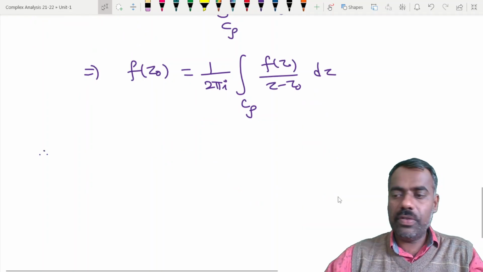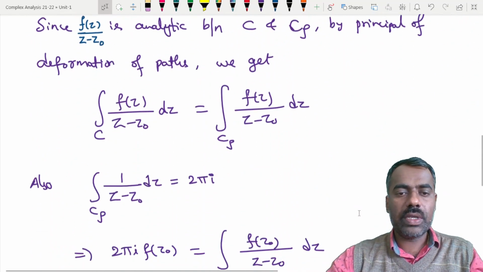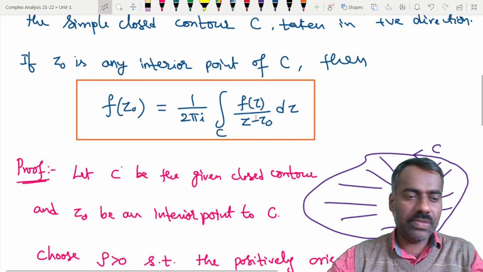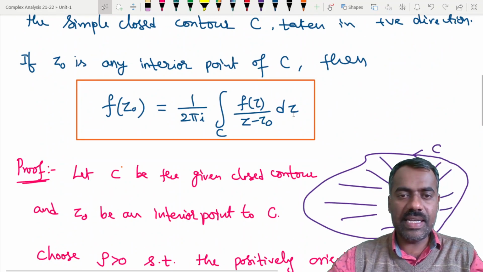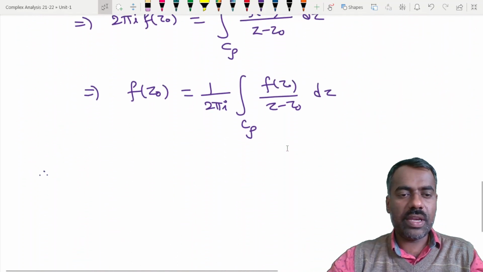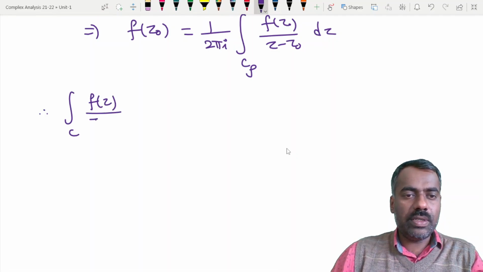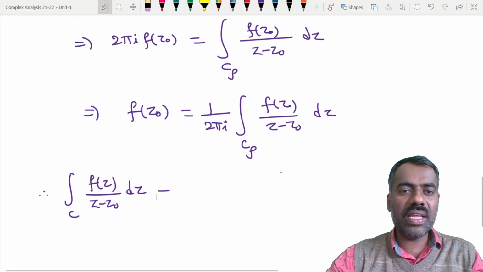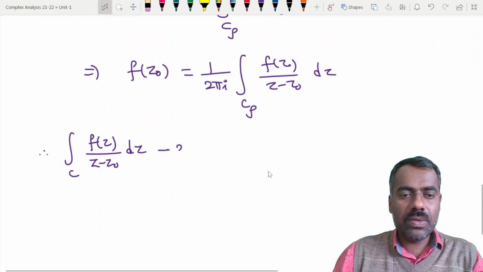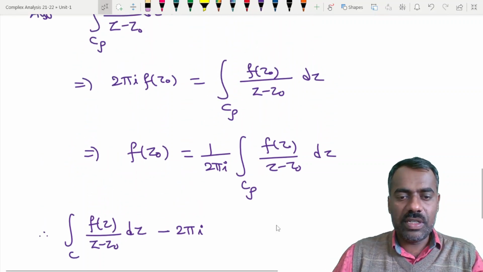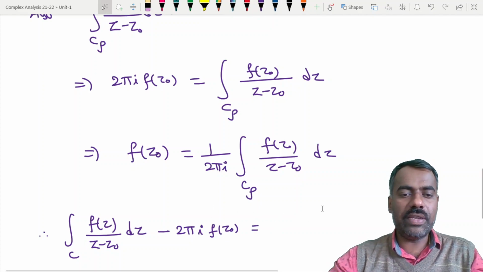So if we want to calculate this value, it is the integration over c of f of z upon z minus z naught dz minus 2 pi I times f of z naught. If we show that the modulus of this value is equal to 0, then we get our result.